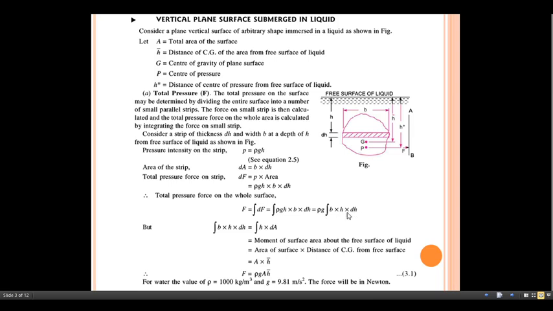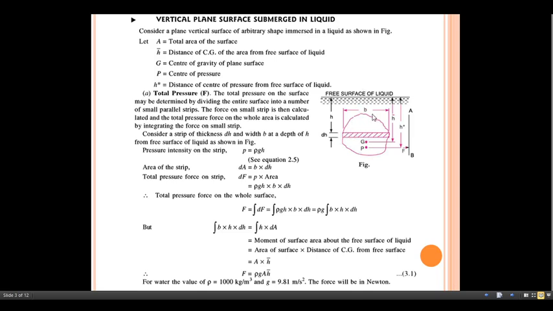What is the meaning of this? b multiplied by dh is nothing but dA. So this integral indicates the moment of the surface area about the free surface of the liquid. A small portion we have considered, and you are taking the moment of this surface area about the free surface of the liquid.